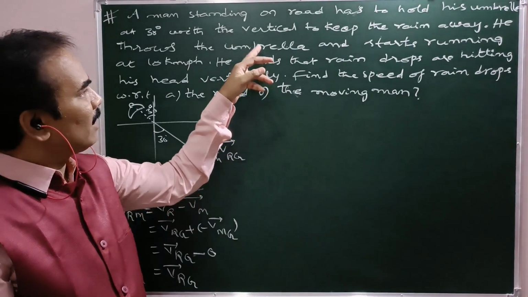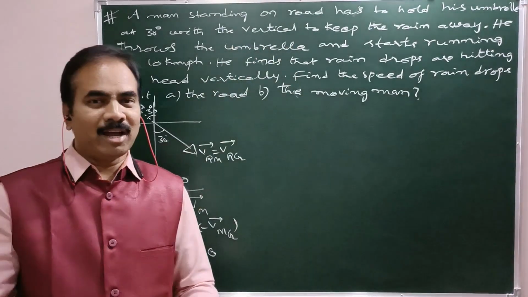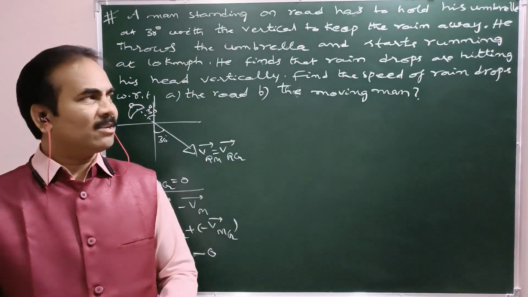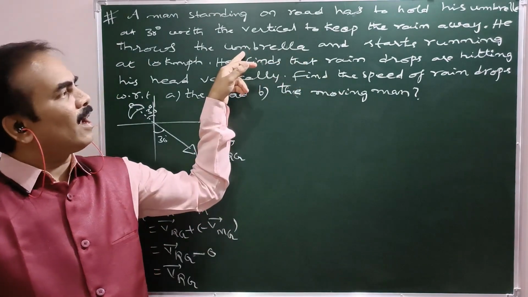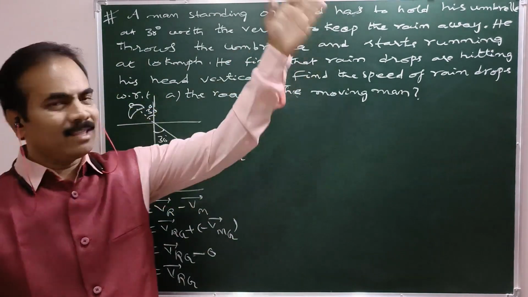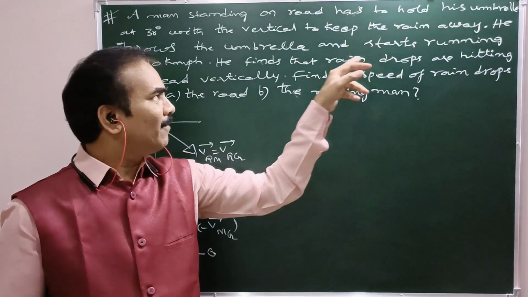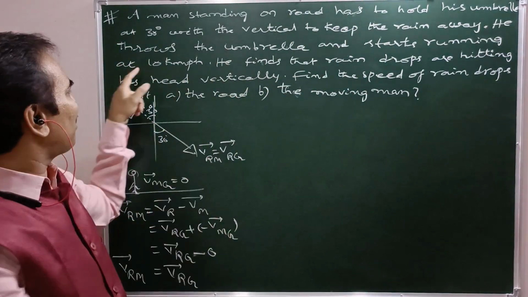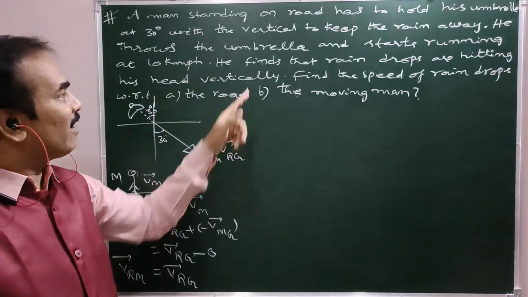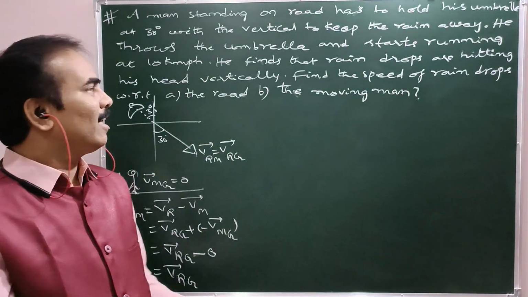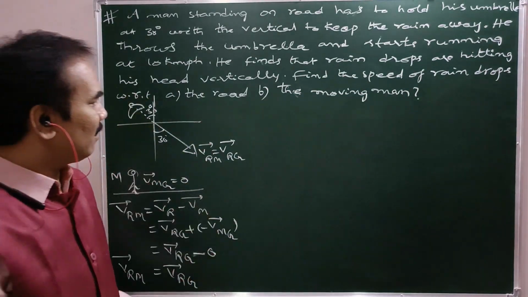But here he decided to enjoy himself and throws his umbrella and starts running on the rainy day, without umbrella. He throws his umbrella and starts running at 10 kmph. He finds that raindrops are hitting vertically on his head.